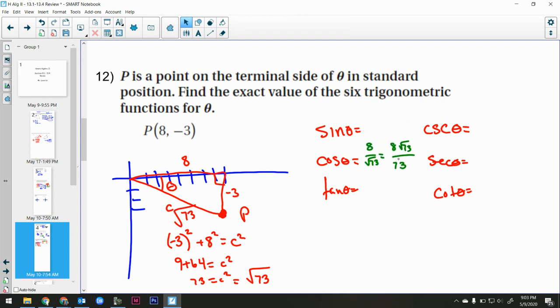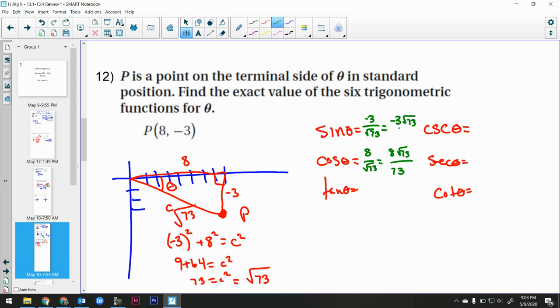You're probably thinking, wait, Mr. Laverick, you got that mixed up. That was the adjacent over hypotenuse that I just did. So that was actually cosine. Opposite, the negative 3, that's sine, over radical 73. So that would turn into negative 3 radical 73 over 73. And then my tangent theta is going to be negative 3 over 8.